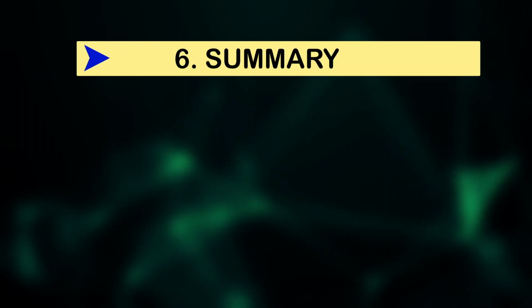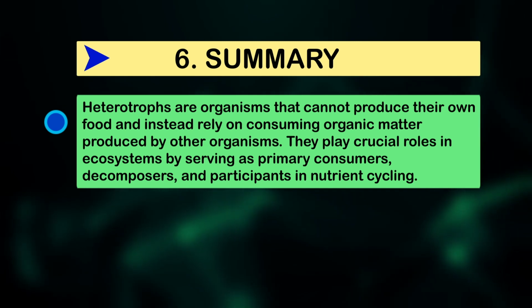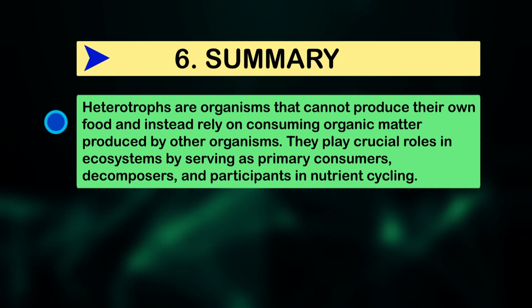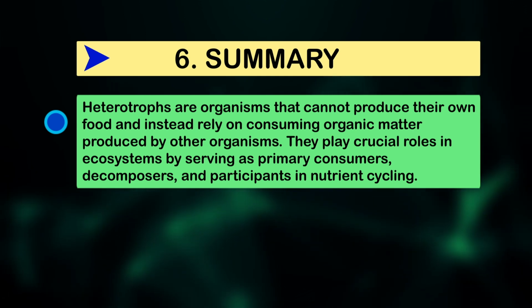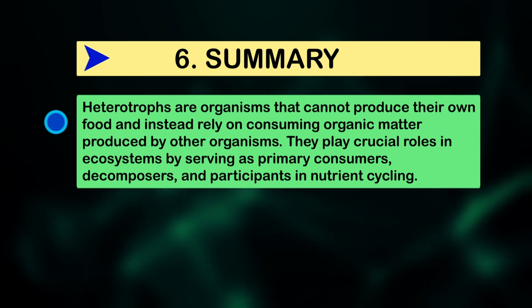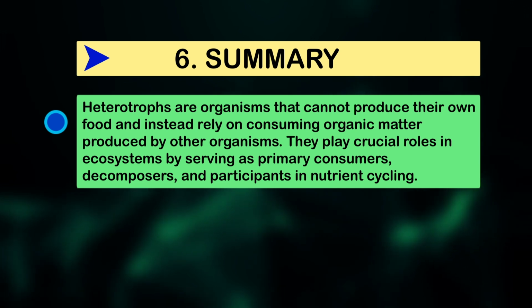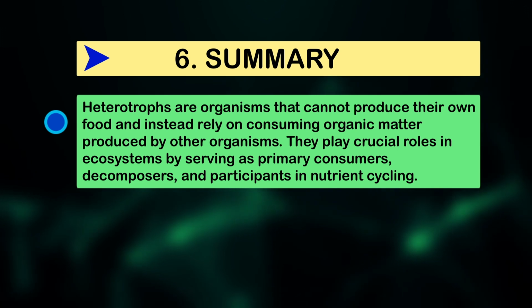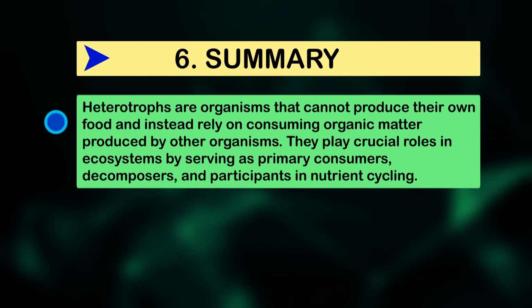Heterotrophs are organisms that cannot produce their own food and instead rely on consuming organic matter produced by other organisms. They play crucial roles in ecosystems by serving as primary consumers, decomposers and participants in nutrient cycling. They play a very important role in the constant cycling of nutrients.